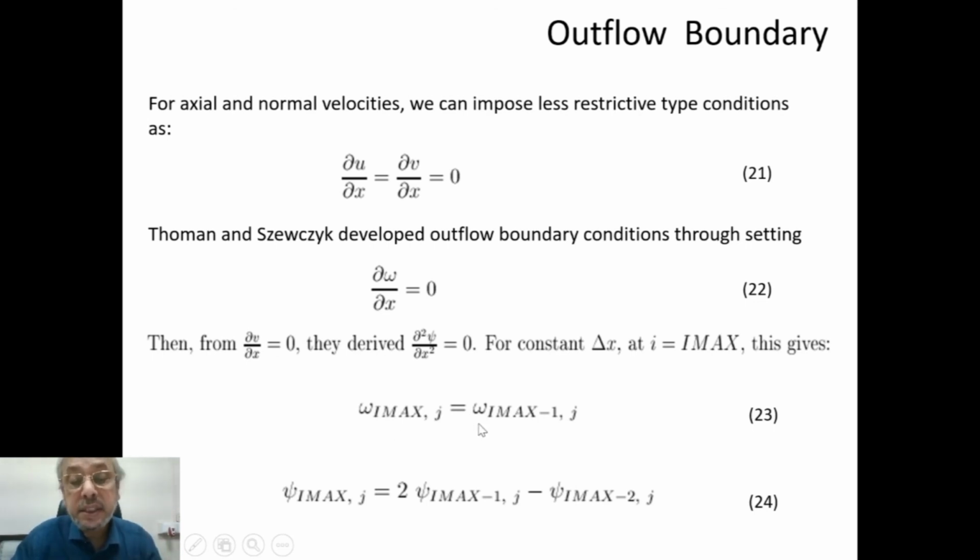So that is decided, and for psi we apply second order derivative, del 2 psi del x2 equal to 0, one-sided central difference. We are located at I max and involving I max minus 1 and I max minus 2, both the points from the interior domain, and generate this value.